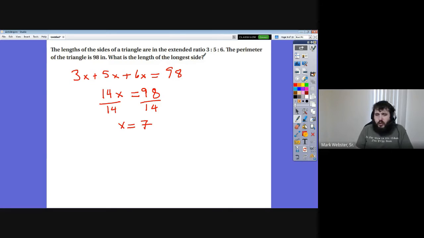But just for practice, we're going to do all 3 just so y'all can see I'm still doing the exact same thing, right? So 3 parts, which is 3 times 7. That's 21. This one was 5 parts.